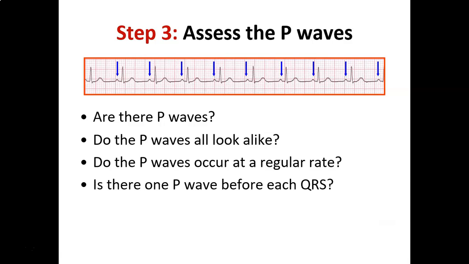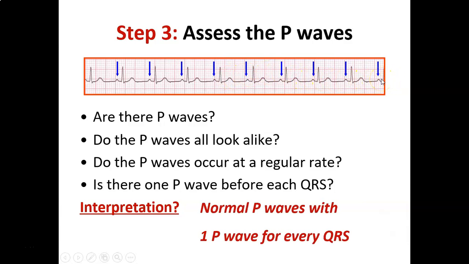Is there one P wave before each QRS complex? So what do you think in this example? There is a P with QRS complex, P with QRS complex, P with QRS complex throughout the rhythm strip with 1:1 ratio, and the shape of all the P waves is the same. So my interpretation is there are normal P waves with one P wave for each QRS complex.